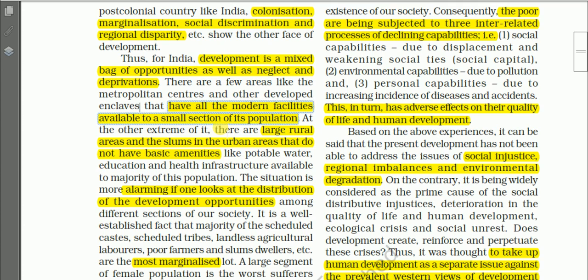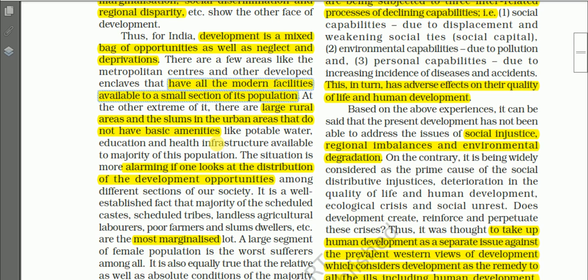And at the other extreme, there are large rural areas and slums in the urban areas that do not have basic amenities like potable water, then education and health infrastructure available to the majority of the population.